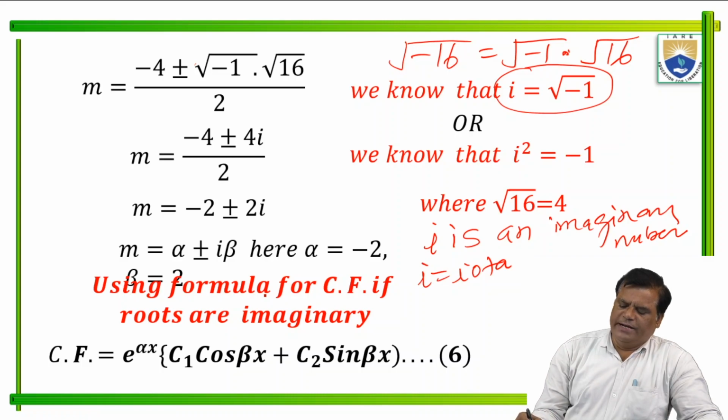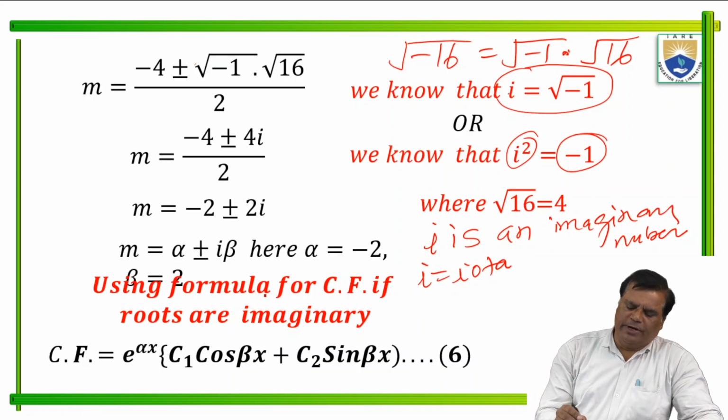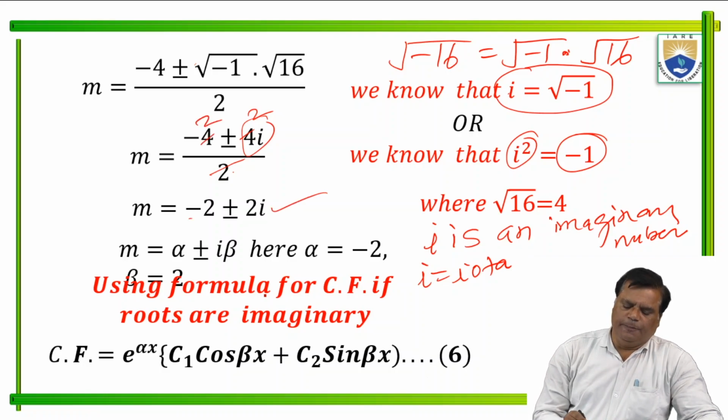So root minus 1 is i and i square is minus 1. Root 16 is 4, so this is 4i upon 2. Dividing by 2, we get minus 2 plus minus 2i. So these are imaginary roots.